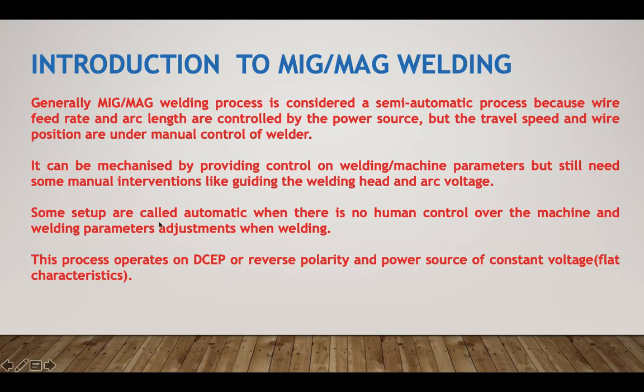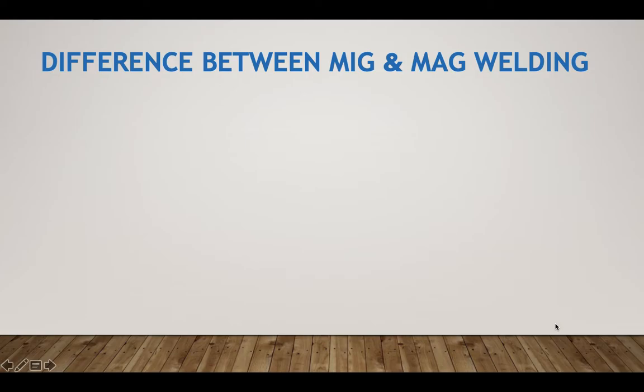Some setups are called automatic when there is no human control over the machine and welding parameter adjustments when welding. This process operates on DCEP, that is direct current electrode positive or reverse polarity, and power source of constant voltage flat characteristics.